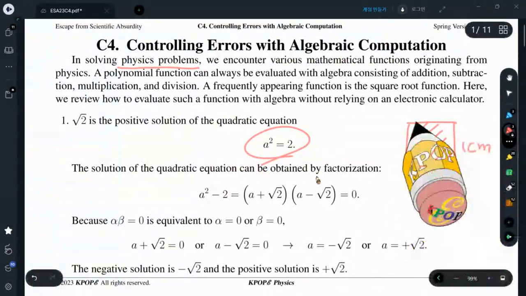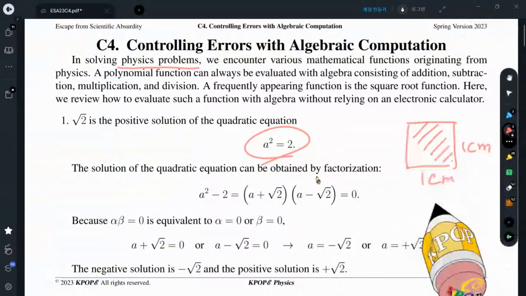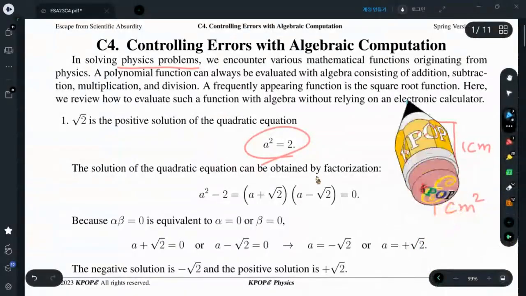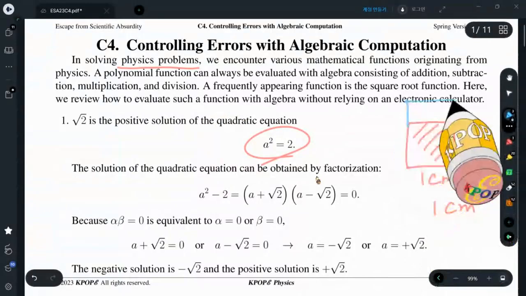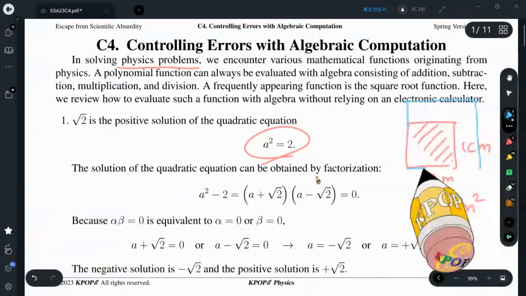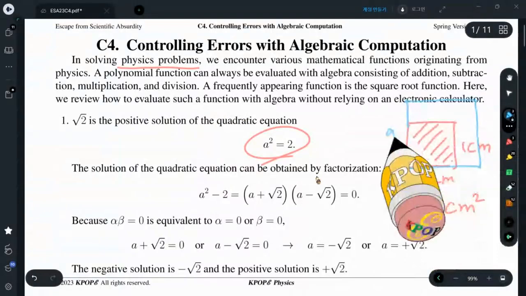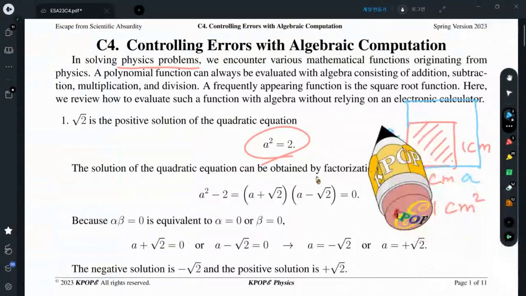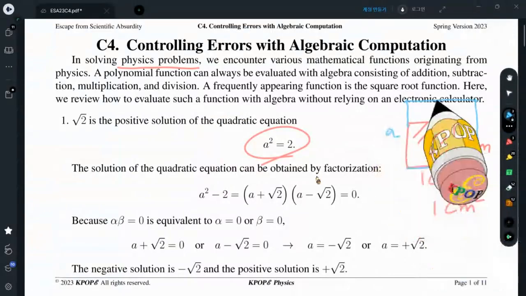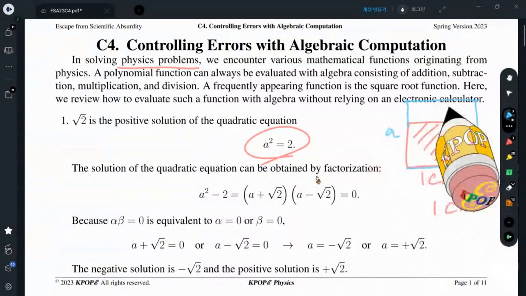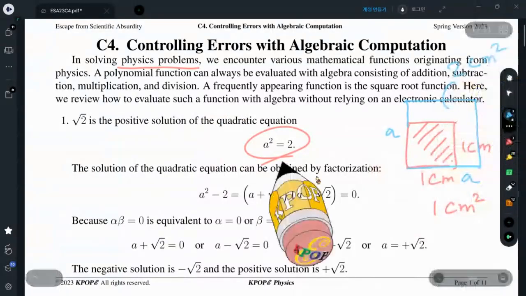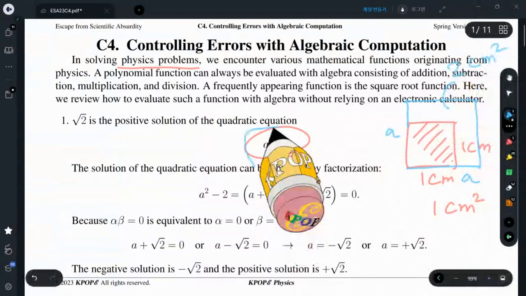The area of this square is 1 square centimeter. So I'd like to enlarge the length of each side to have A and A. I want to know the length of A to make this area 2 square centimeters. That's my question, and this is our problem.